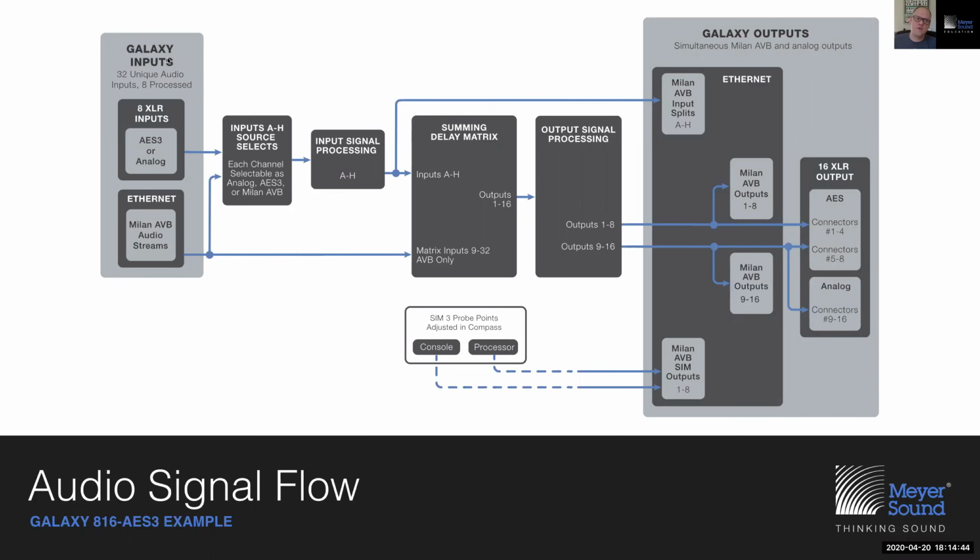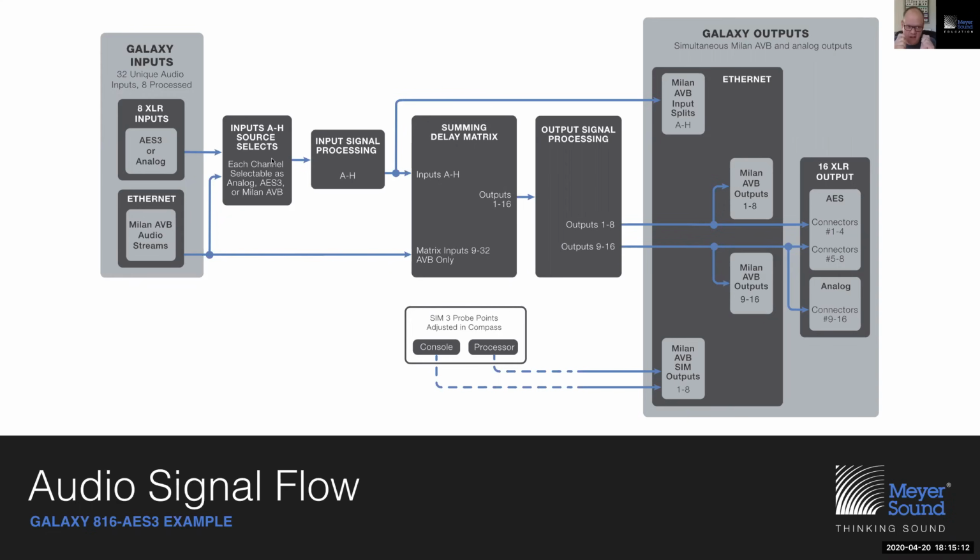Starting on the left side, we have our Galaxy inputs, which are 32 unique audio inputs. 24 of those are AVB, and the remaining 8 can be either AES3 or analog. Next block in my signal flow is the ingress point. This is basically my input source select. This is where I assign any of those inputs to the 8 processed inputs that we have available within a Galaxy platform.